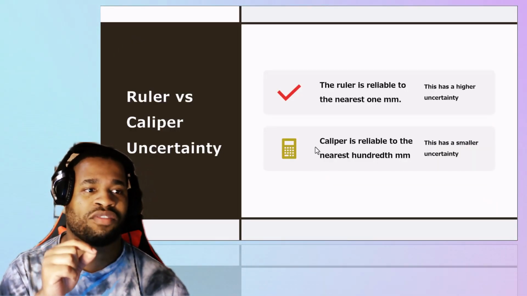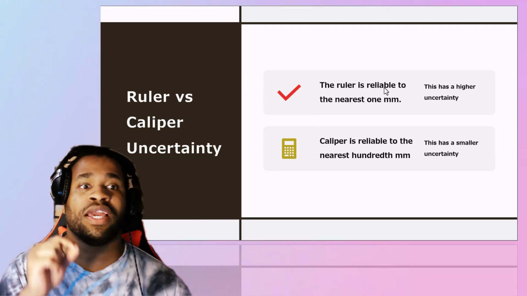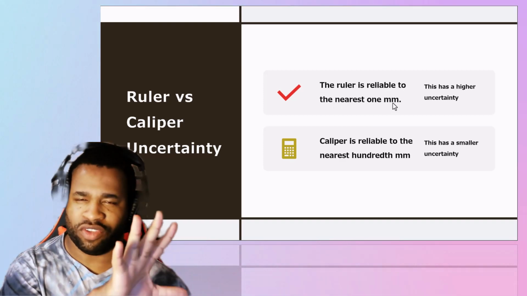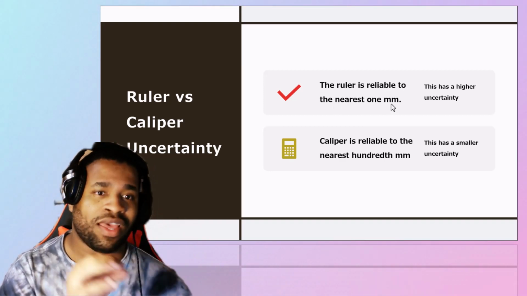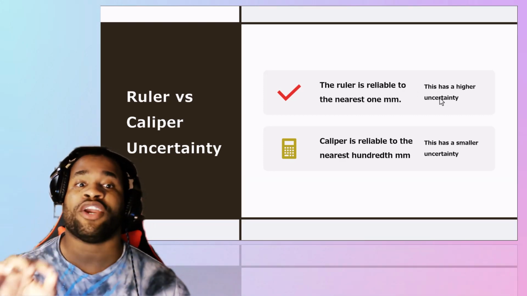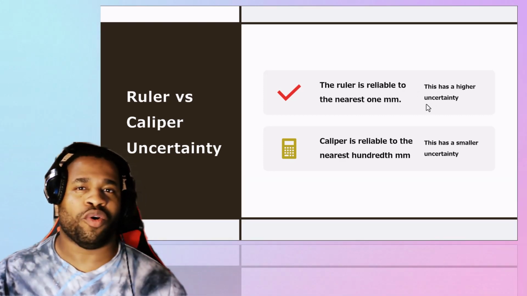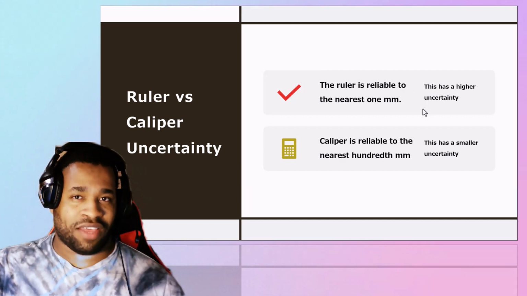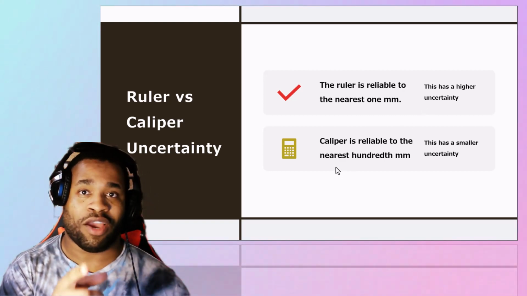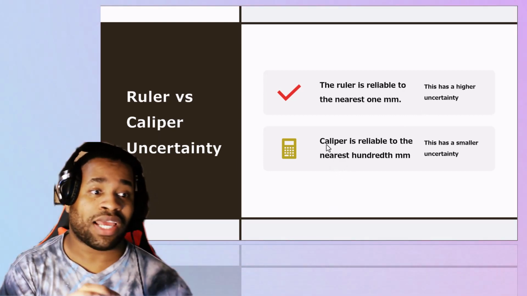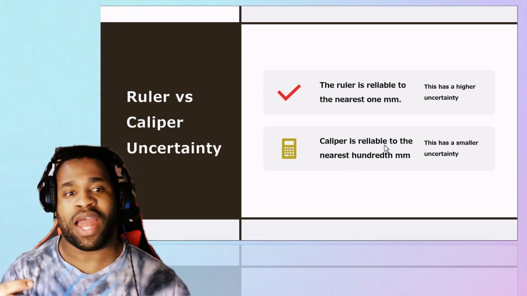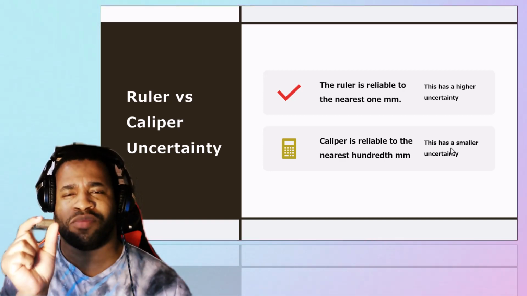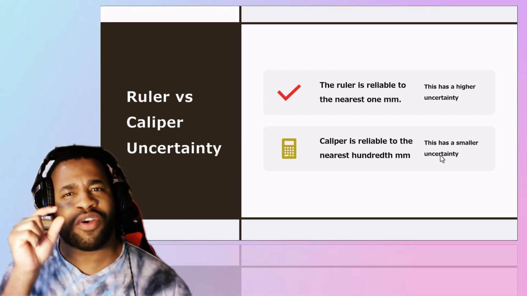The ruler is reliable to the nearest 1 millimeter, because of course it's just 2 millimeters, and this is considered a higher uncertainty because we don't really know how close it is to the true value when we have digits after the decimal point. But for the caliper, it is reliable to the nearest 0.01 millimeter, so it has a smaller uncertainty, which means it's getting closer to the true value.